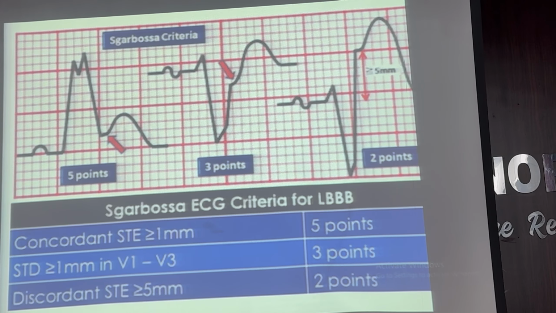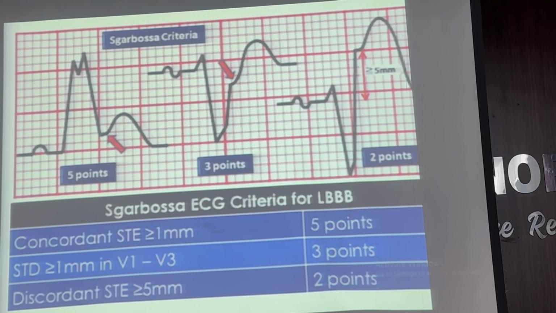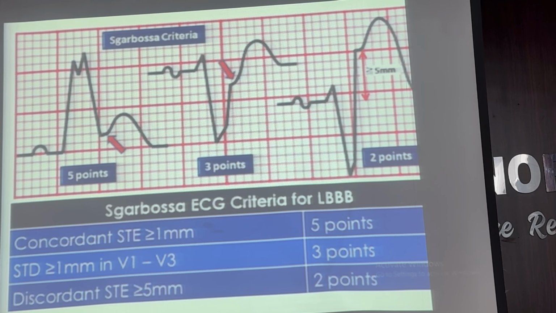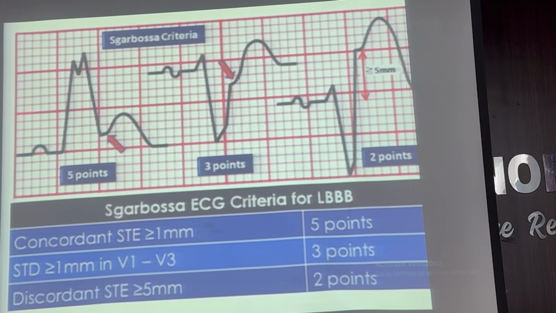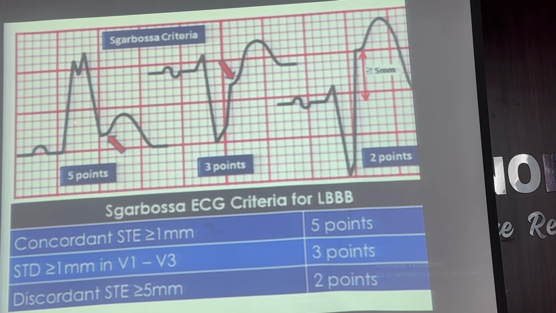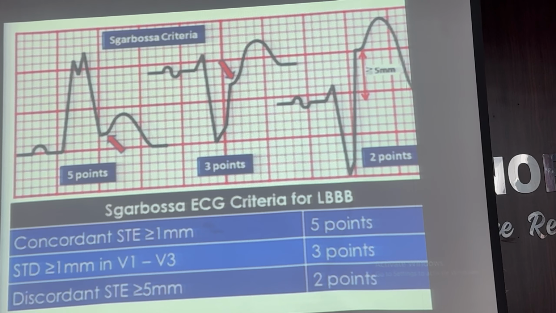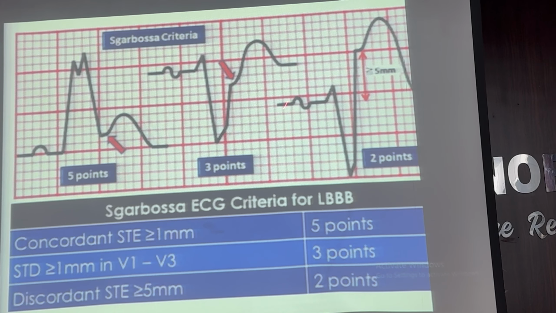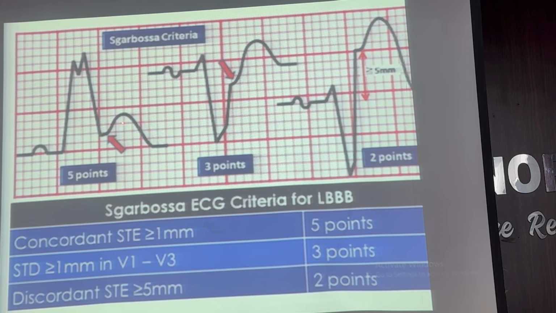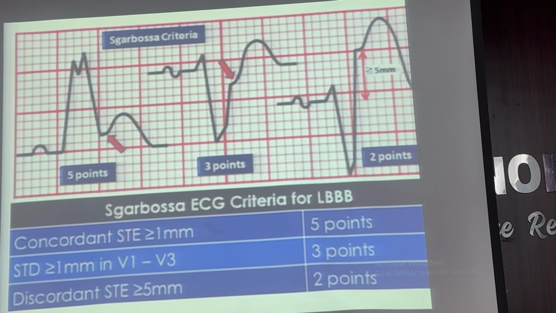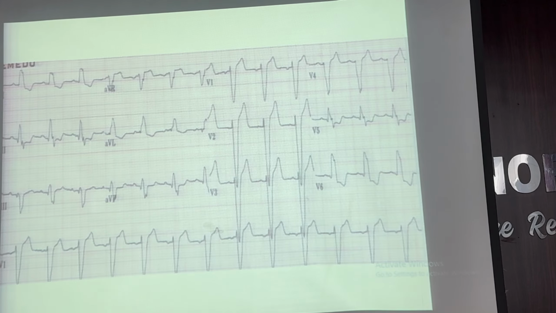If it is more than 0.25 in any lead, then it's an acute event rather than an old left bundle branch block. Otherwise, in basic terms, if you see concordant ST elevation or concordant ST depression, it suggests a new ischemia. Right. So always please preserve the previous ECGs.